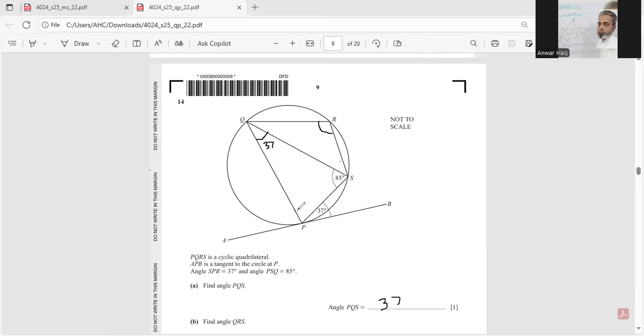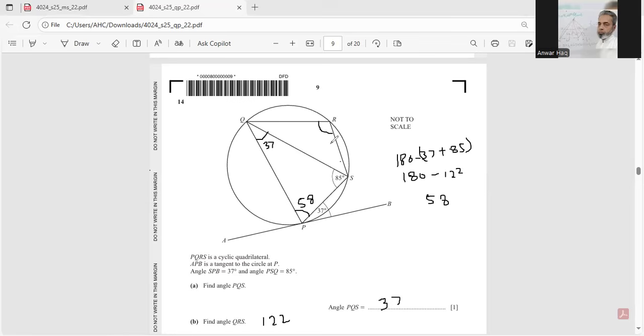So this will become, I think, 58, because 180 minus 37 plus 85, so 180 minus 112, I think. 5 plus 7, 12. 8 plus 3, 11, and 12. So this will become 58. And in cyclic quadrilateral, sum of opposite angle is 180 degrees. So again, this angle will be 122. That's it for this question.